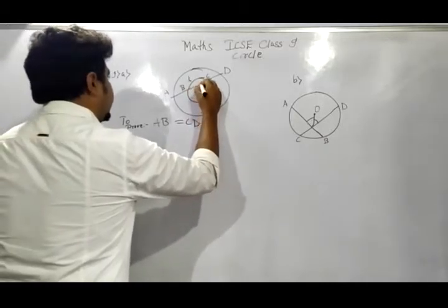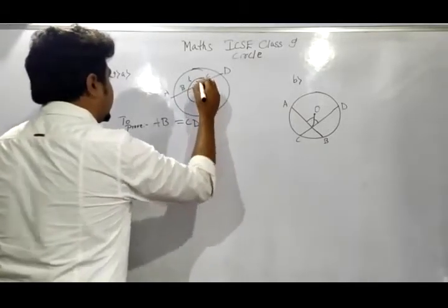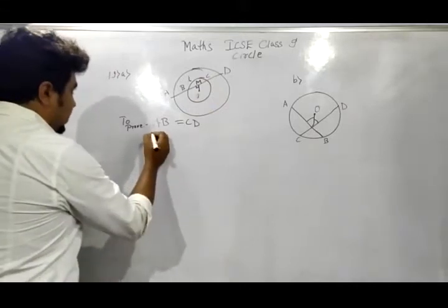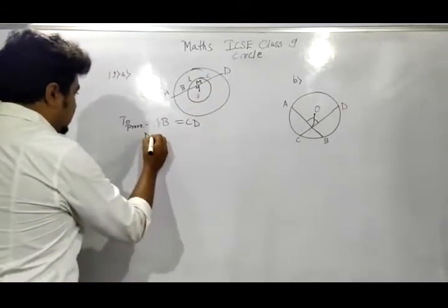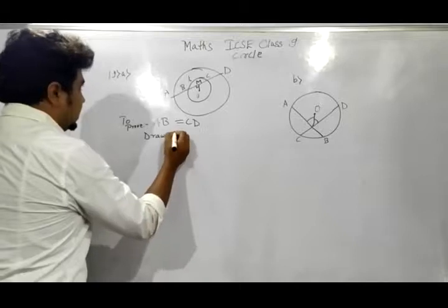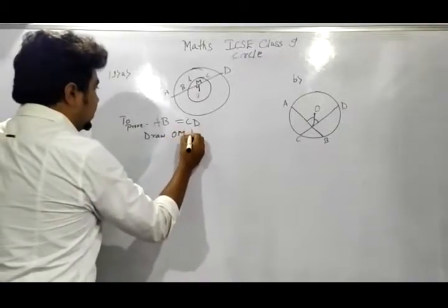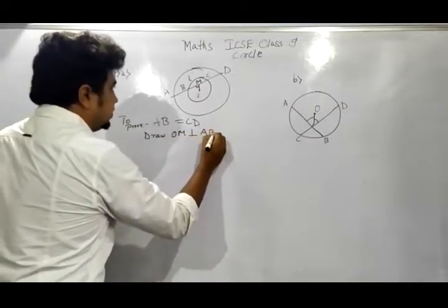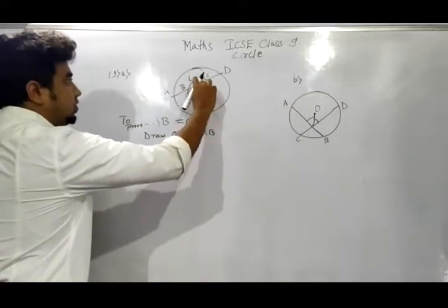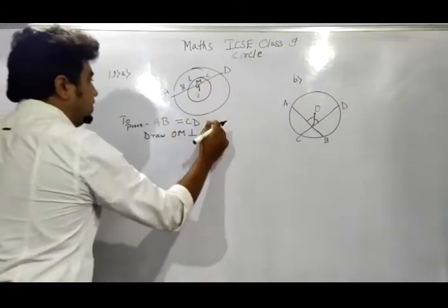If I draw the perpendicular and name the foot M, OM is perpendicular to AB, or you can also write BC, or AD.